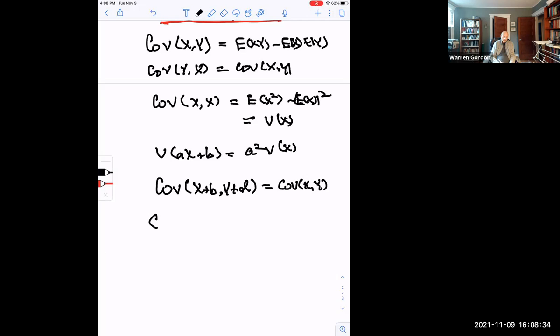It's also easy to show, if we follow this, the covariance of AX plus B, CY plus D, suppose you want to compute this one.